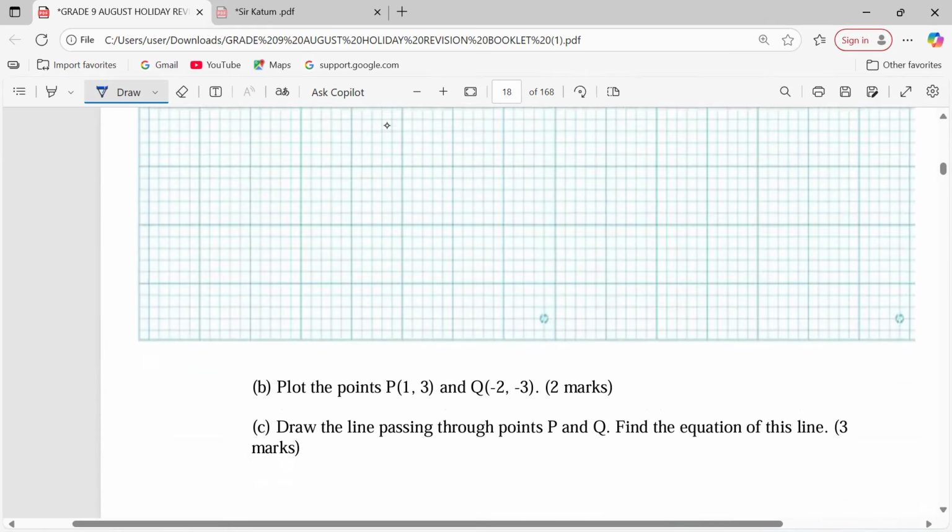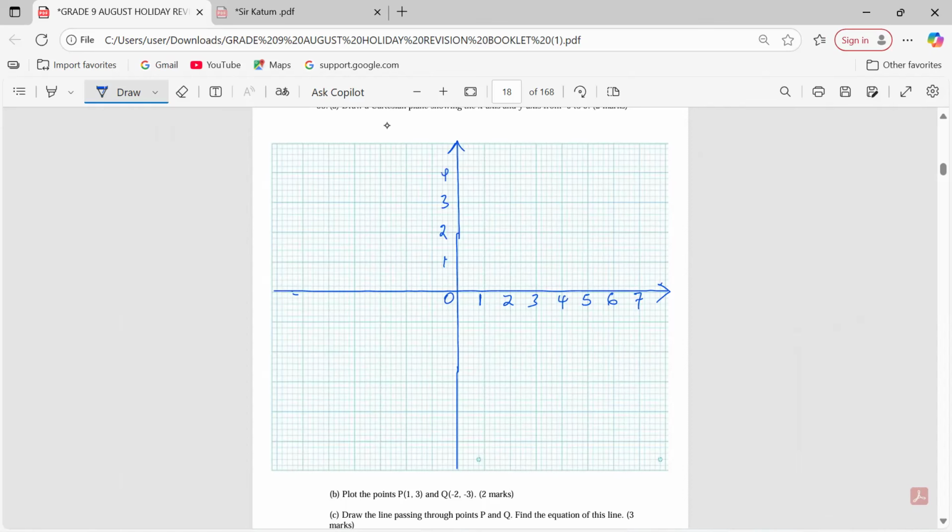This is 0, 1, 2, 3, 4, 5, 6, 7. 1, 2, 3, 4, 5. -1, -2, -3, -4, -5.